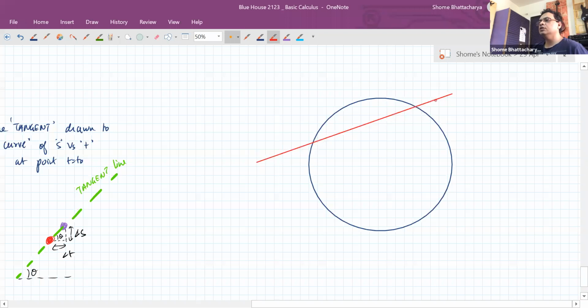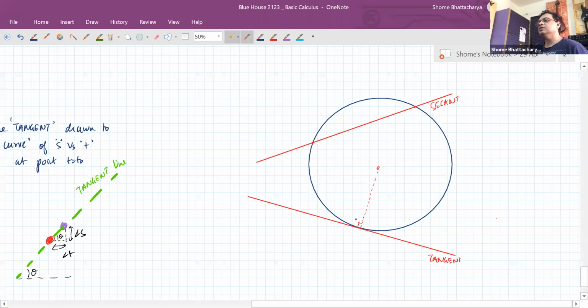For the circular curve, we'll say this is a secant line, because it's like a chord, it's cutting at two distinct points. But on the other hand, if we draw a line from outside like this, which is not cutting two distinct points but is just about touching the circle, at 90 degrees to the radius of the circle at that point, now this is called a tangent line.